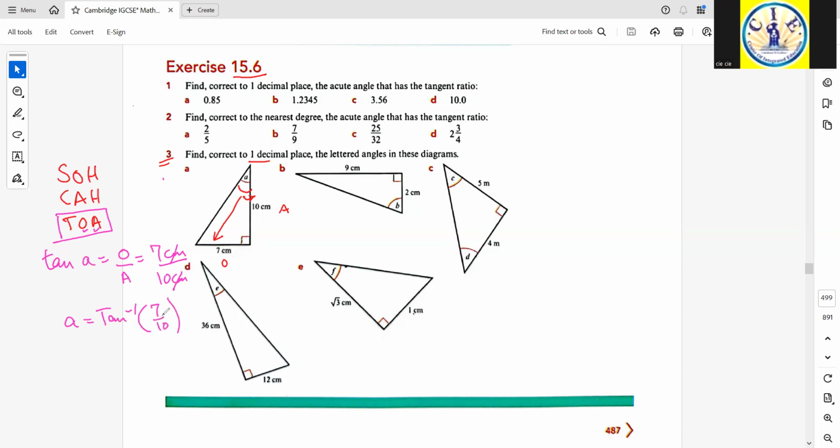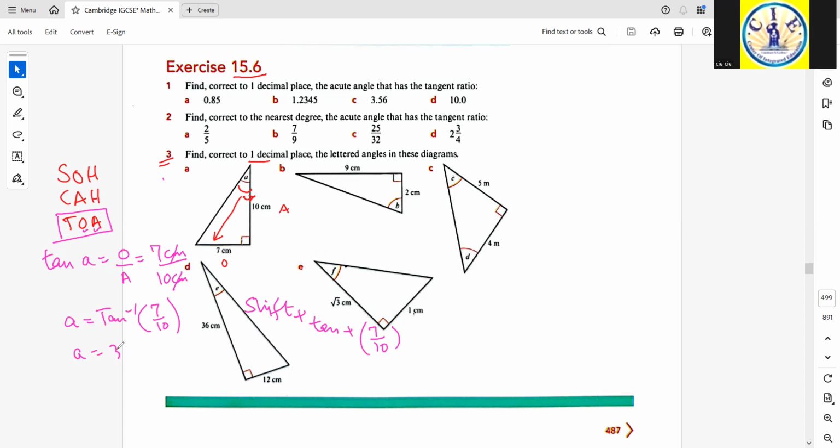And when we use our calculator, we need to use shift tan, 7 divided by 10. That is shift plus tan plus 7 divided by 10. So this will give us an answer.